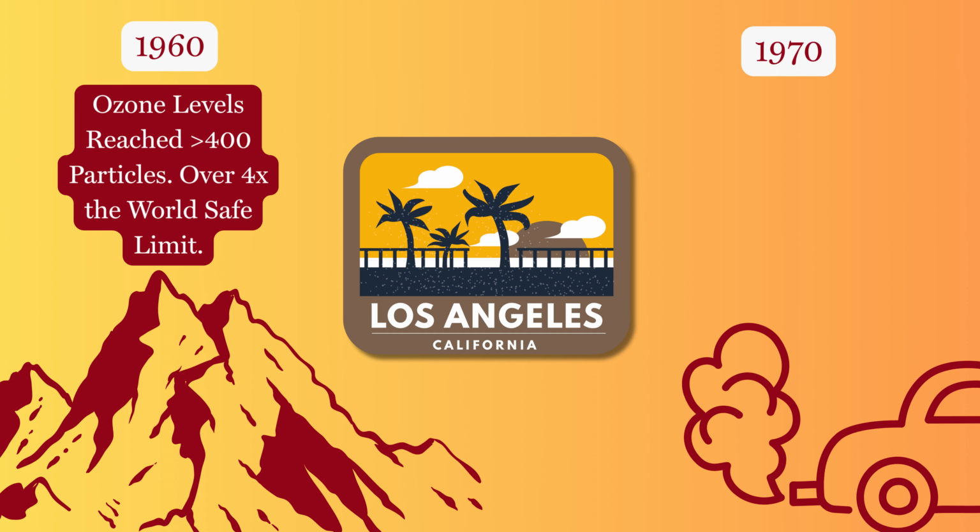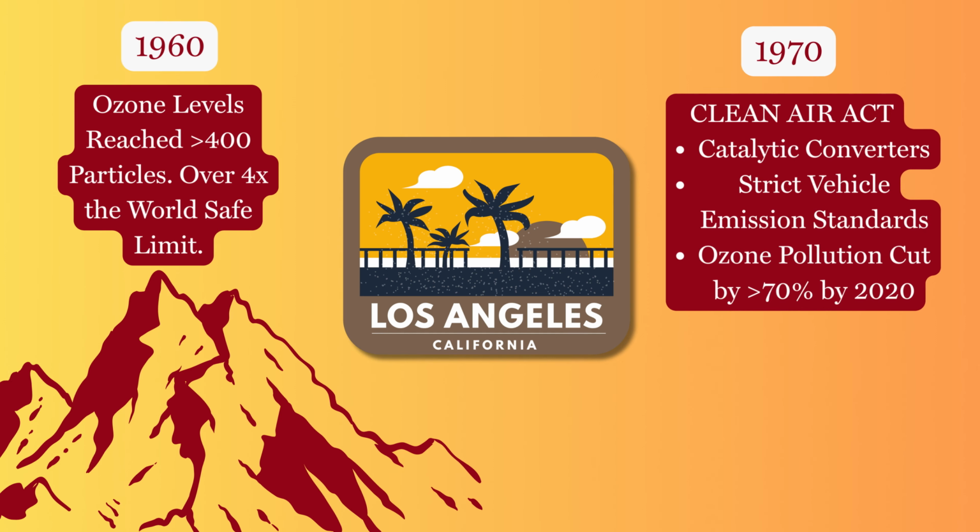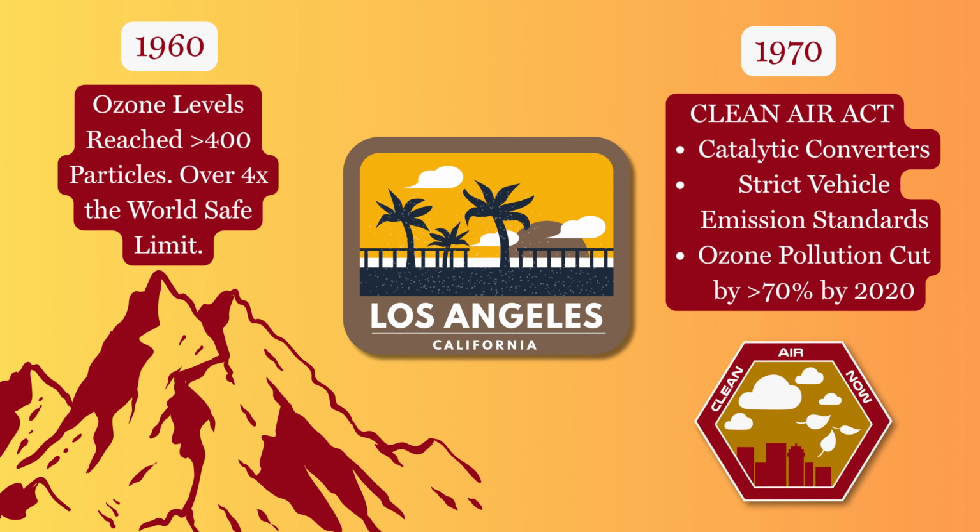Though in 1970 they introduced the Clean Air Act, which meant the introduction of catalytic converters and strict vehicle emission standards. This cut the city's ozone pollution by over 70% by 2020. Yet LA still experiences around 80 days per year above WHO guidelines due to high car dependence.